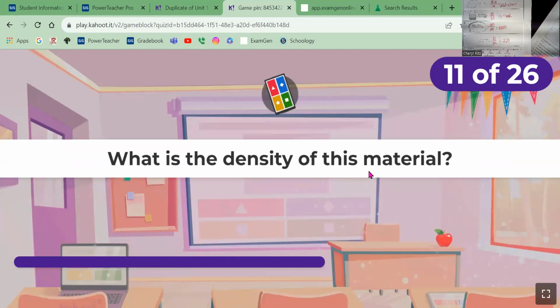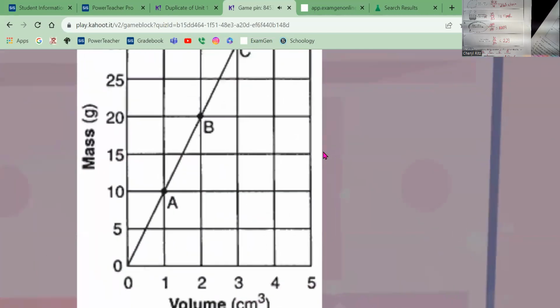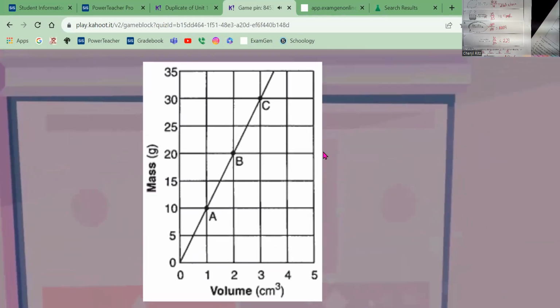What is the density of this material? So we just did one of these for homework.